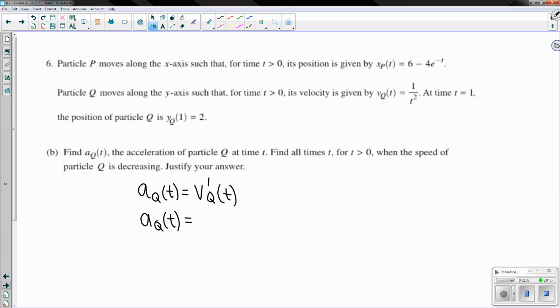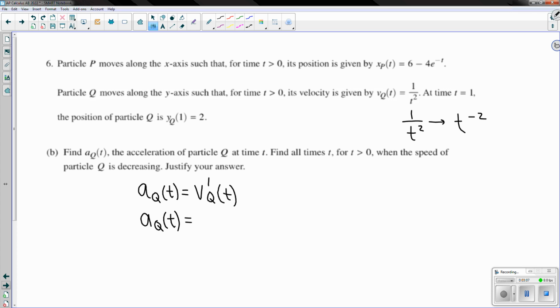So when we go to differentiate 1 over t squared, I'm going to reformat that as t to the negative 2, because, as I've stated in previous videos related to this 2022 exam, just in general when we're working with derivatives and integrals, anytime we can reformat functions as power functions, everything's way easier.